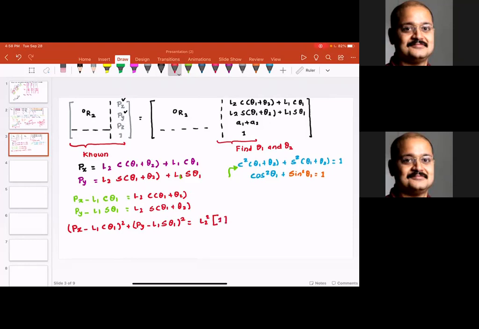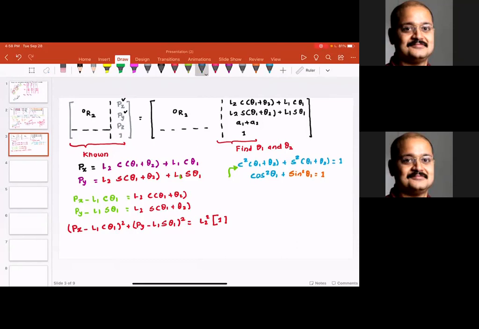Do you agree with me? Any questions here? Now, what has happened? As you can see, this entire equation, which was initially in the two variables theta 1 and theta 2, is now represented only in one variable. But you may say, okay, what now?